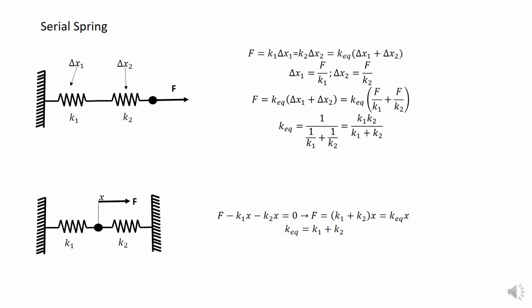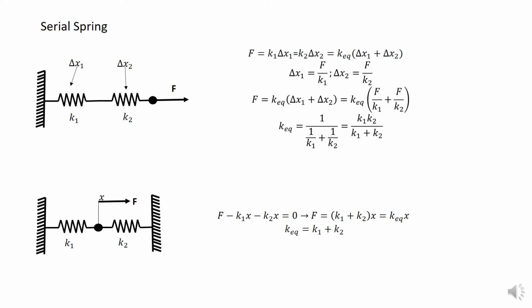So if we have serial springs, what happens here? You can see it is a serial spring. When I apply a force here, the force in K1 and K2 will still be the same force.